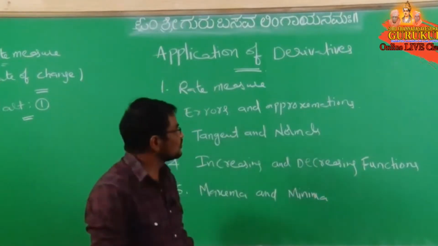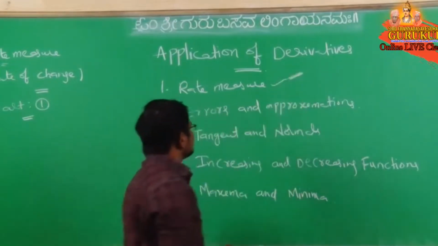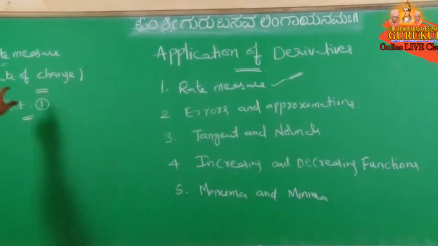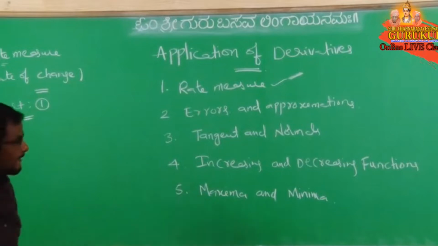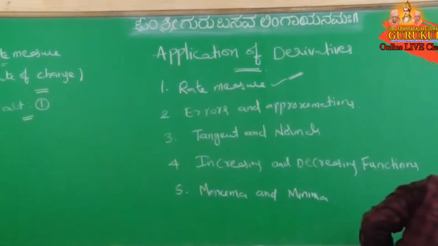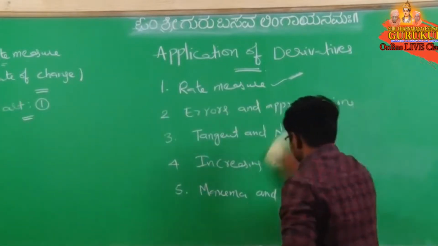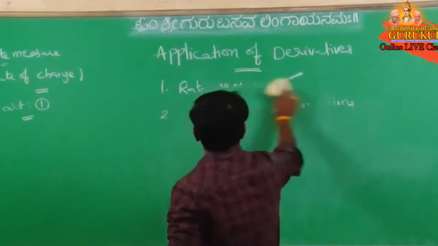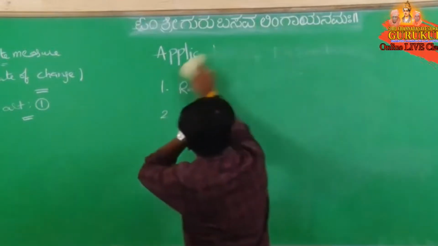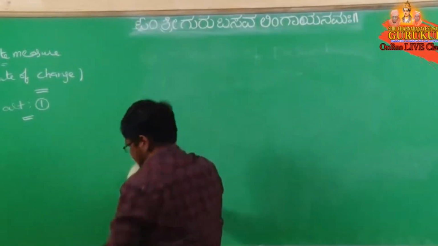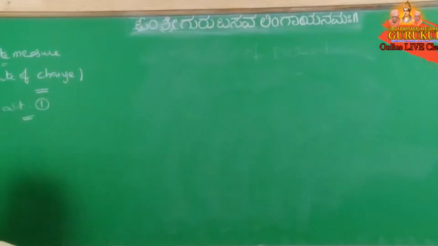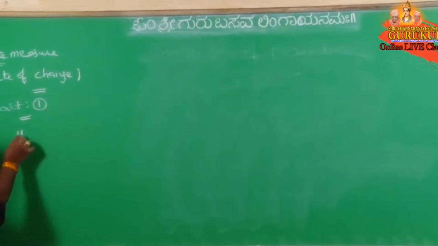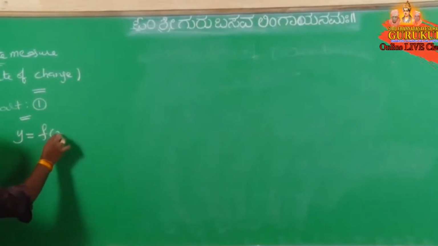But today we have to start with what? Rate measure, or rate of change. See here, what is rate of change? For that I will consider a function y equal to f of x.